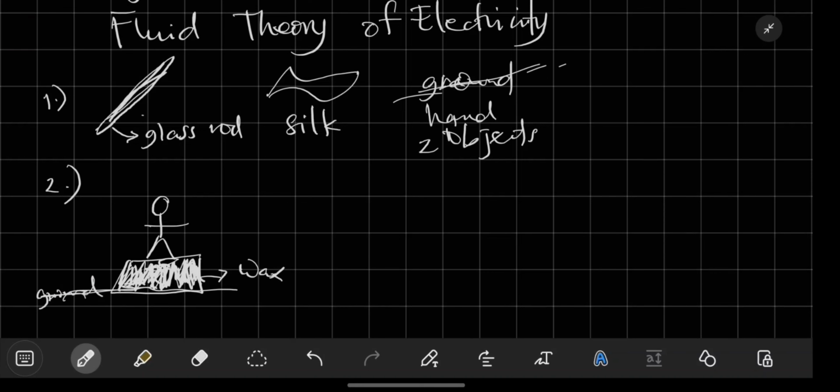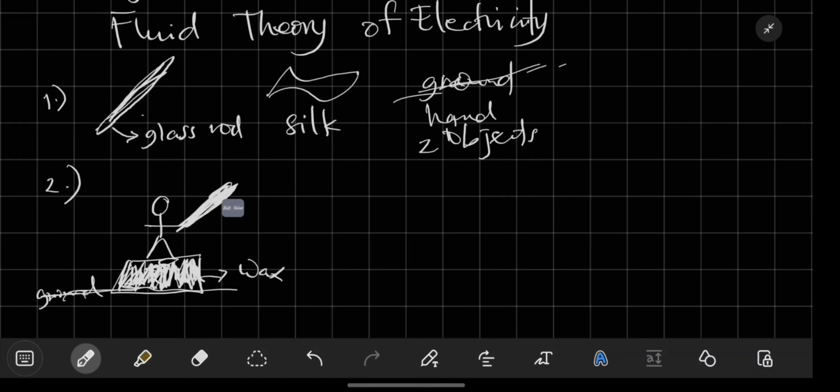Okay? And then, yung glass rod, pinahawak niya dun sa person. And then, nirub pa rin itong silk. Kiniskis pa rin dito sa glass rod. And then, after the silk was rubbed to the glass, meron pa rin charge na na-experience itong person. Okay?